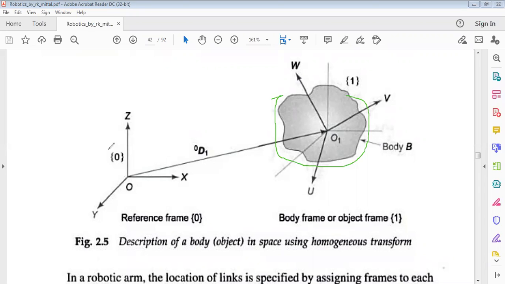First of all, let us assign a coordinate frame to this object. Here we consider it as frame 1. The axes of this frame 1 are U, V, W, and the origin O1 is away from the origin O of XYZ.